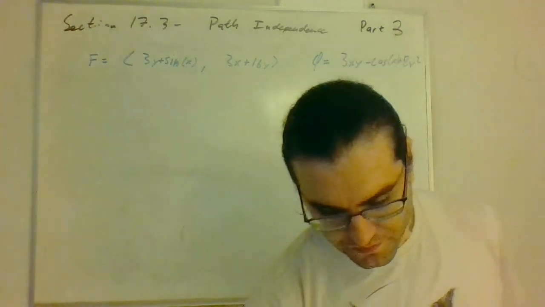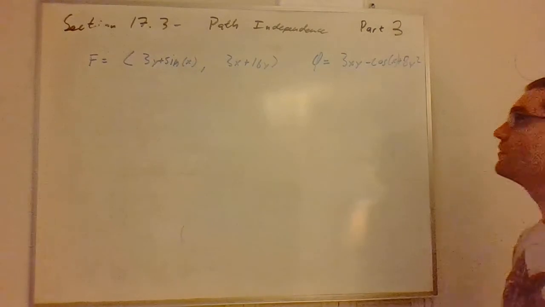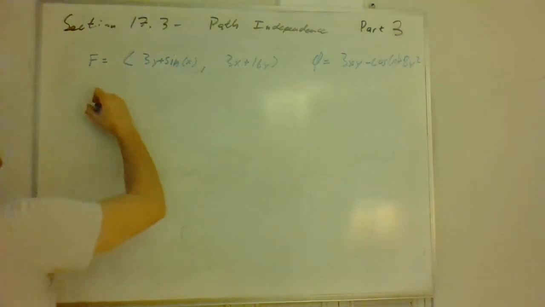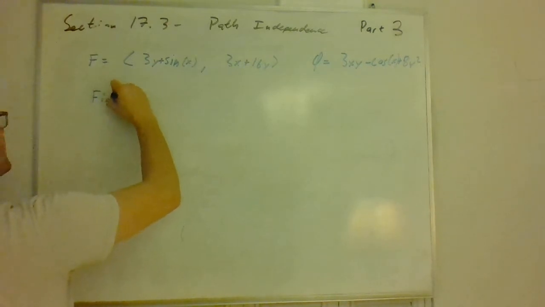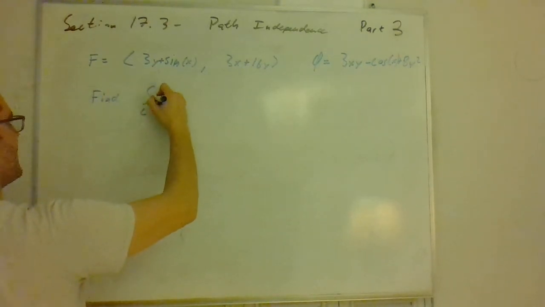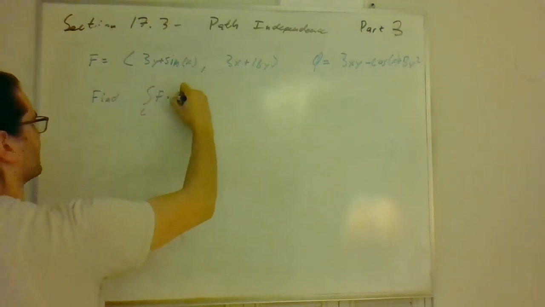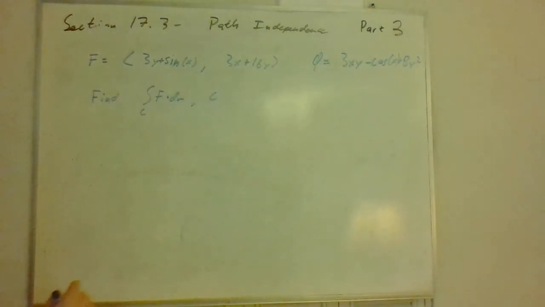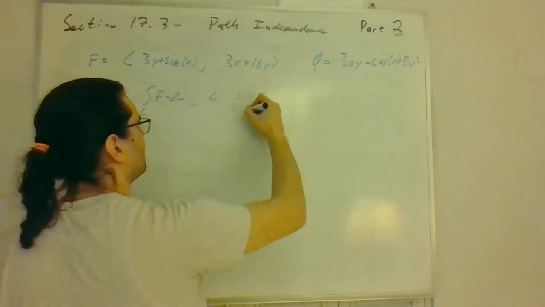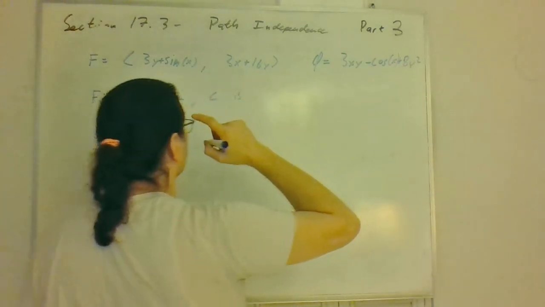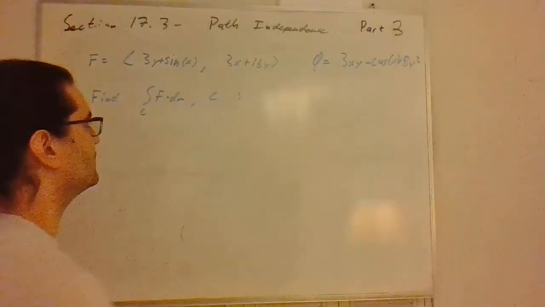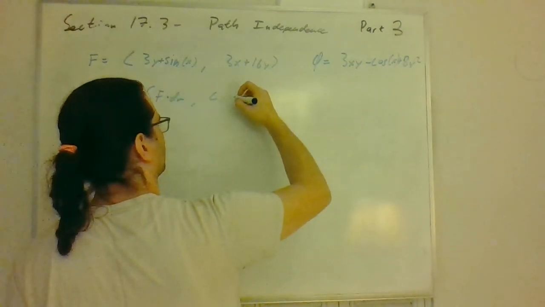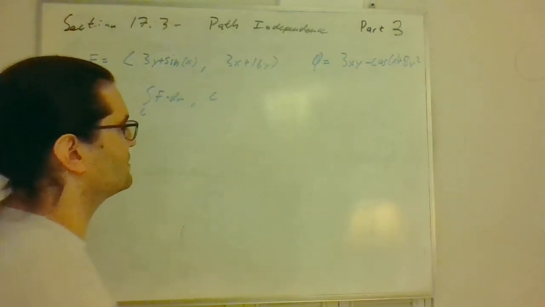So if someone was to ask you to find the line integral, or the path integral, of F dot dr, where C is, what do we want C to be? Let's just have C be a straight line. For C, I won't even explain the path, because it's path independent.